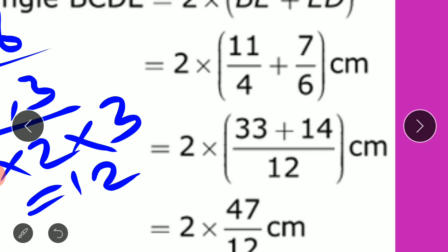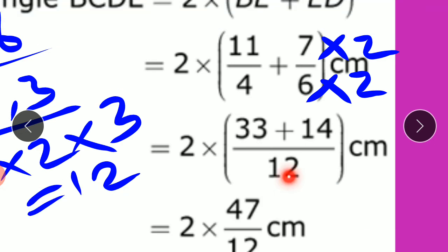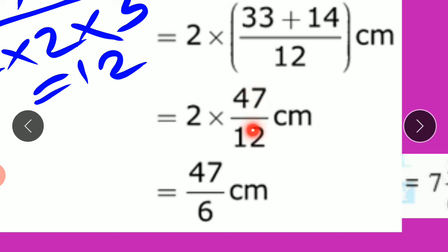Here it is plus, so copy the plus. Next fraction 7/6, the denominator is 6. With 6, what is to be multiplied to get 12? 6 1s are 6, 6 2s are 12. With the same factor 2, let's multiply the numerator 7. 7 2s are 14. So now 33 plus 14 by 12. Add the numerators, and you get 47 by 12.